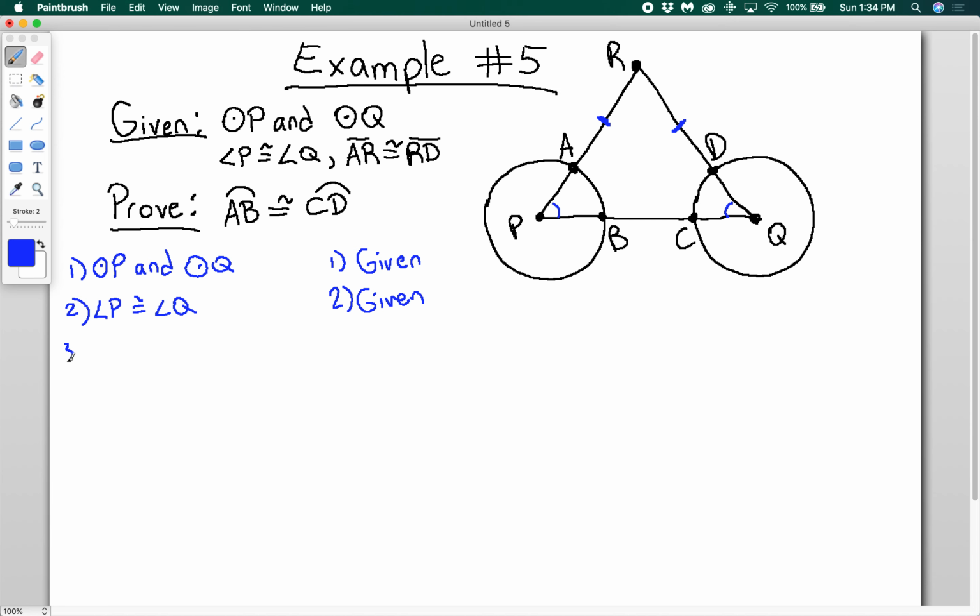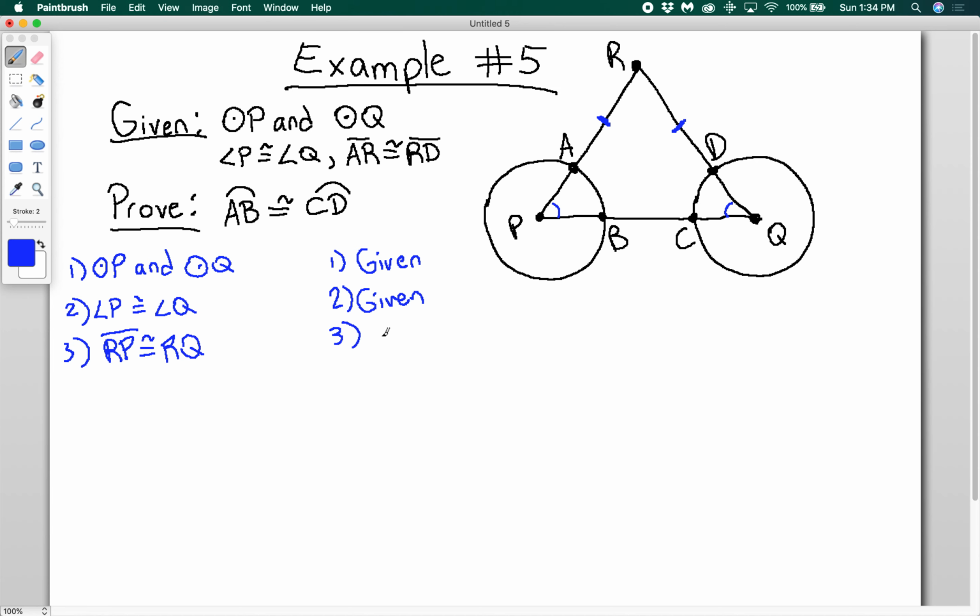Okay. So if that's true, what can I say about that? I can say that line segment RP has to be congruent to line segment RQ. Right? And that's because of the isosceles triangle principle, where if two angles are the same, that means that the opposite sides have to be the same as well. So I'm going to say that RP is congruent to RQ.